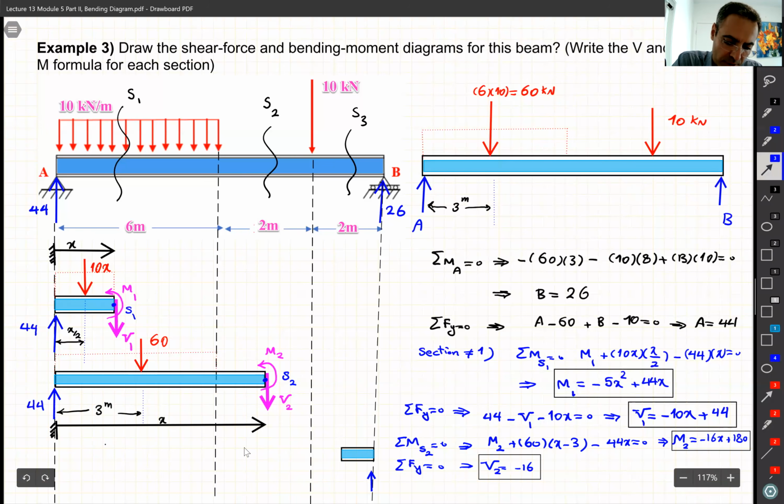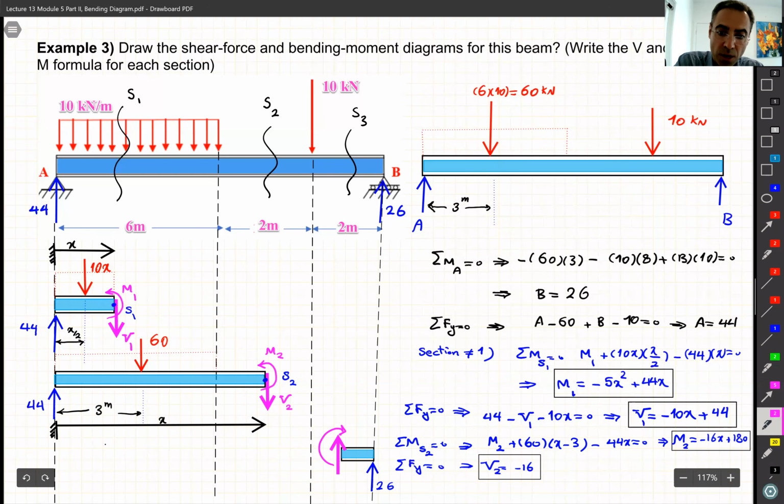So I have 26 over there, then nothing except the V and M, which V for the right side is always going up, and M is always going to be clockwise. So it's going to be M3 and V3.